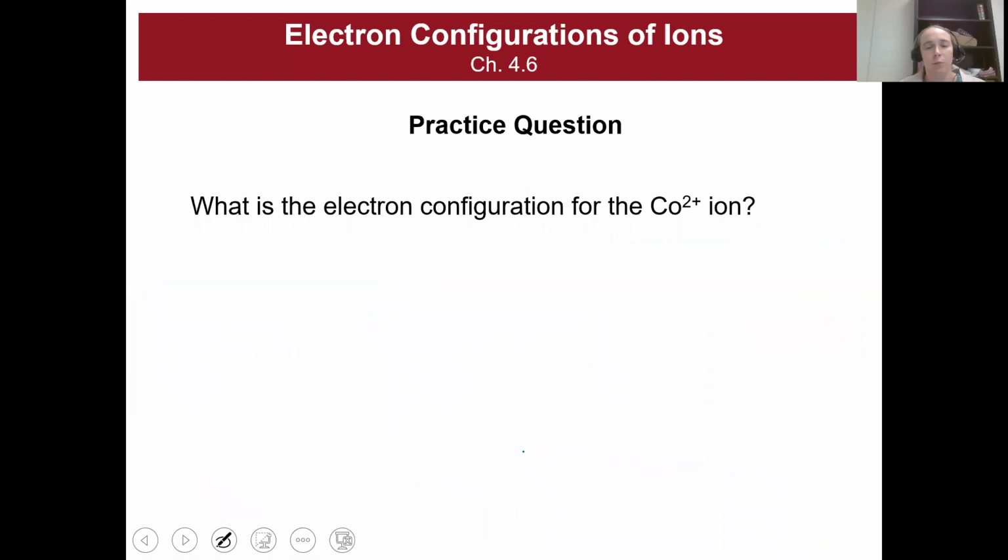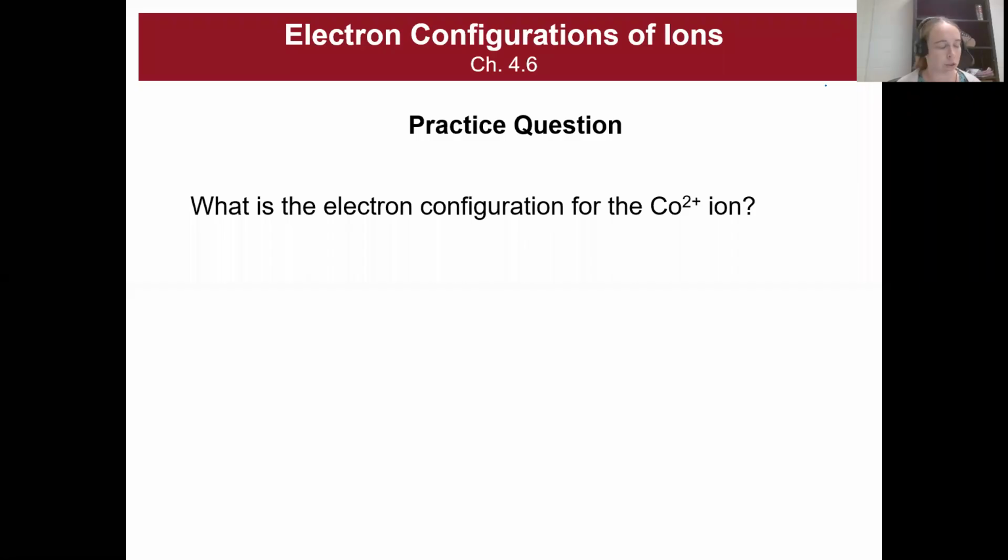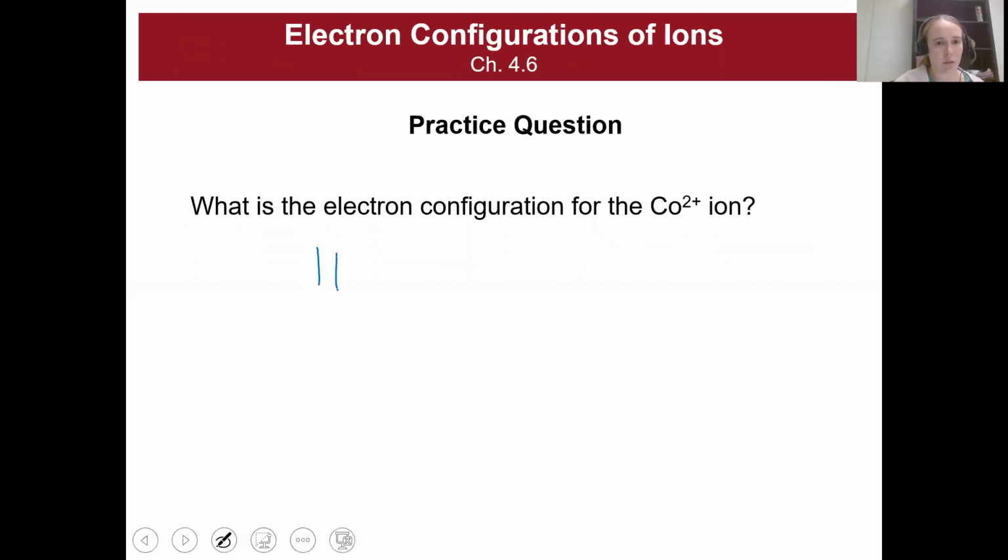All right, so let's do a practice question. What is the electron configuration for the cobalt 2+ ion? So Co is cobalt. Looking at my periodic table, cobalt is number 27.